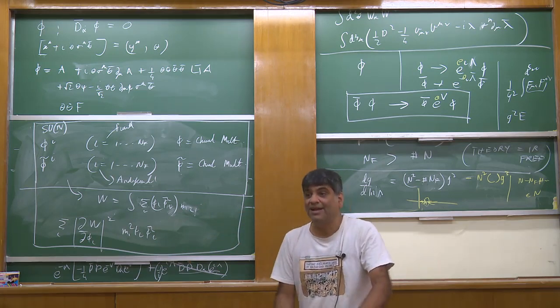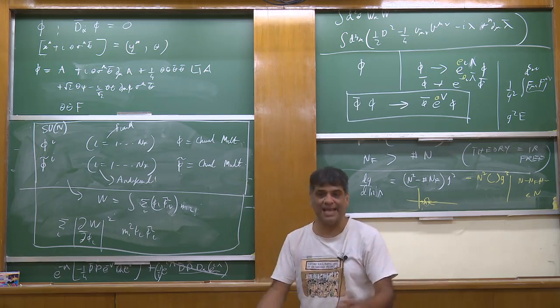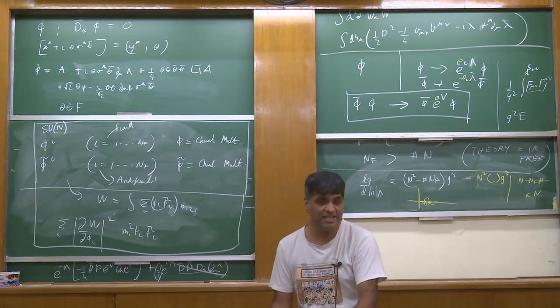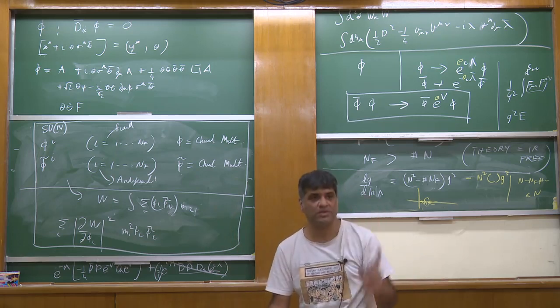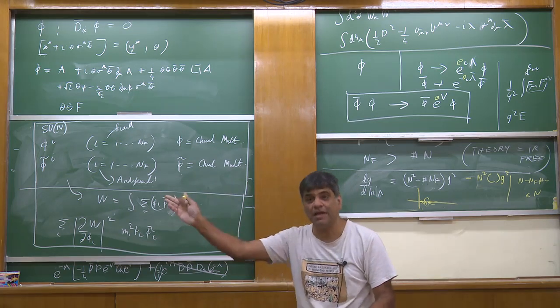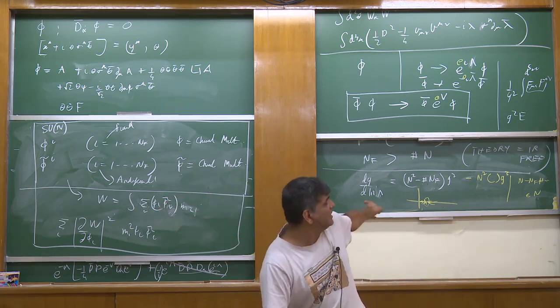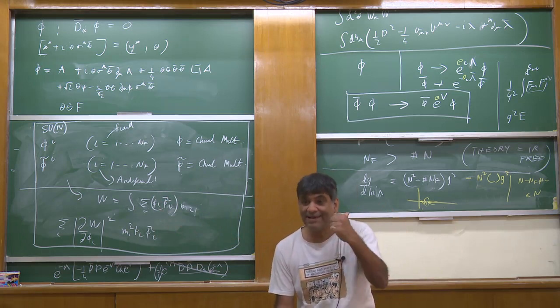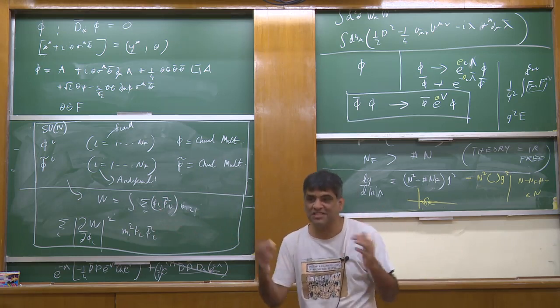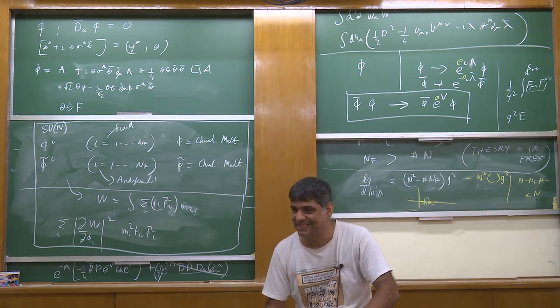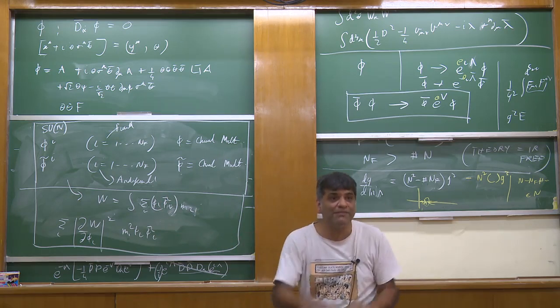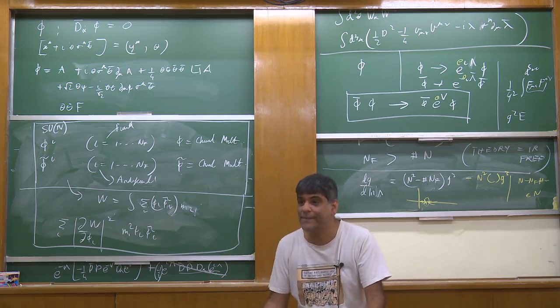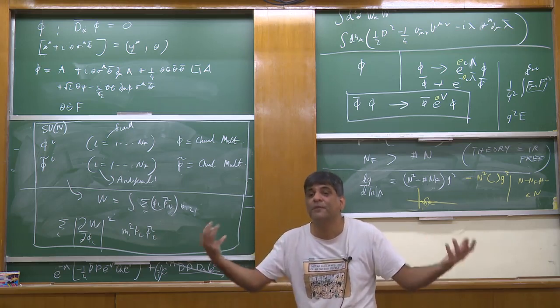Now, it's one thing to say this is what it feels like, but what can we reliably say? Actually, the only thing we can reliably say in this whole story is what I said about the free IR behavior and this fixed point. This fixed point has a name, it's called the Banks-Zaks fixed point. And this we can compute reliably. So this part is not conjecture, it's true. Okay? But what happens at smaller and smaller values of nf? There we just don't know because the theory is not weakly coupled.